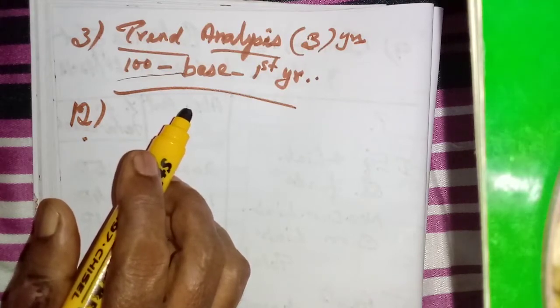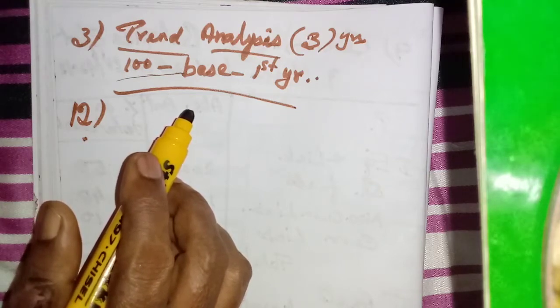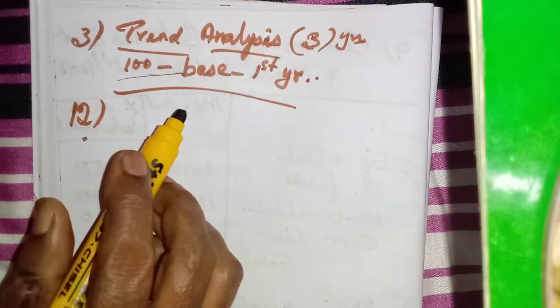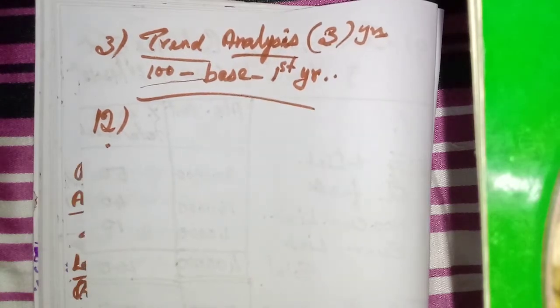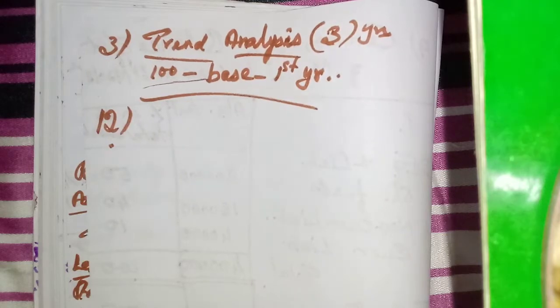From the following particulars, calculate the trend percentages of Kala Limited. Rupees in thousands given. Revenue from operation, 3 years: 16, 15, 16, 16, 17, 17, 18. Other income, expenses. Which one can we do? Where they have given everything, isn't it?